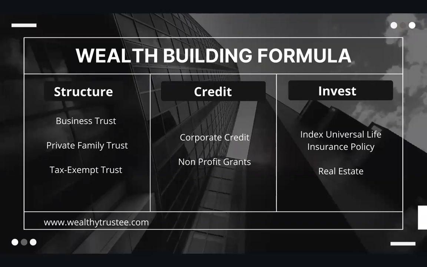You don't want to be using your W-2 money and pouring into the trust and pouring into the trust. You want the trust to be able to sustain itself. And so the way that's going to be done is by you generating passive income for the trust. And so the way that you can do that is by tapping into corporate credit, tapping into nonprofit grants, things like that, and using those funds to invest, okay?